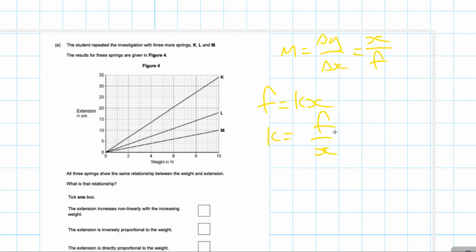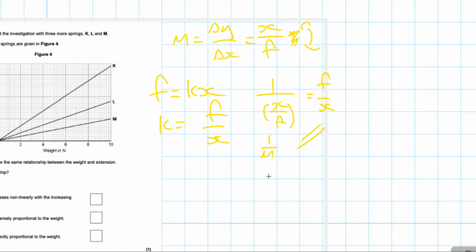So here we've got the opposite, it's an inverse relationship. So what you want to do is flip these round. If you switch top and bottom, then you would also do 1 over M, because you're flipping it over. So 1 over X over F is equal to F over X. And 1 over M gives you the gradient. So it's the same idea.